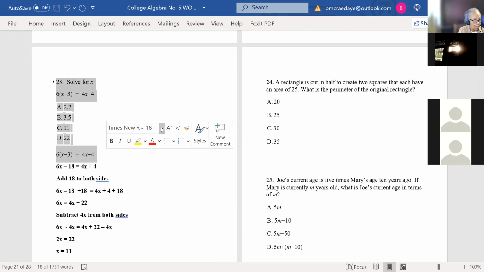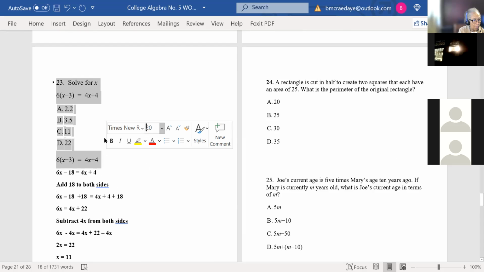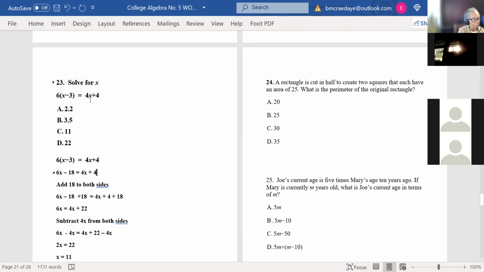Okay, make that a little bigger. That's 6 times the expression x minus 3 equals 4x plus 4. Oh my God, I just saw that. I don't know what we're looking at. Audrey, are you looking at 23? Which paper is that? College algebra number 5. Number 5A or 5B?